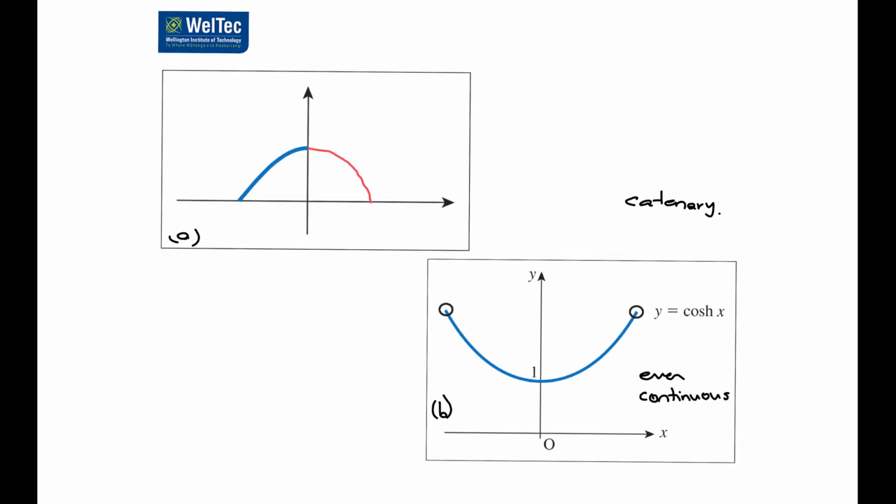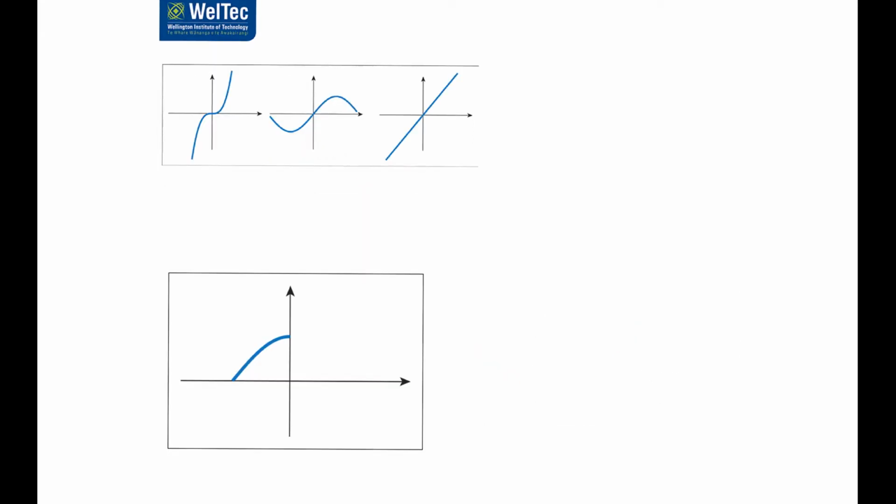Some functions are what we call anti-symmetric. And if it's anti-symmetric, then it's an odd function.